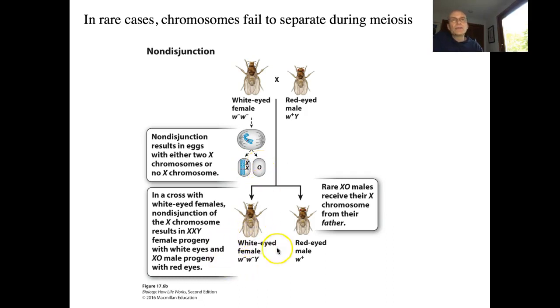And that would then lead to white-eyed females that have two W minuses here on this side, right? So they get both of their X chromosomes plus a Y chromosome. And on the other side, they would have the red-eyed males that have the red chromosome from their father.